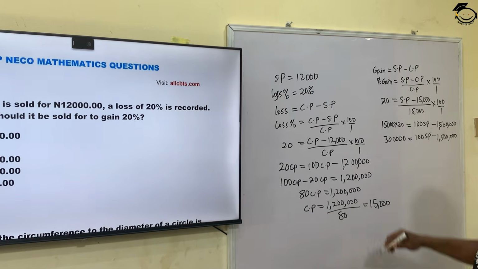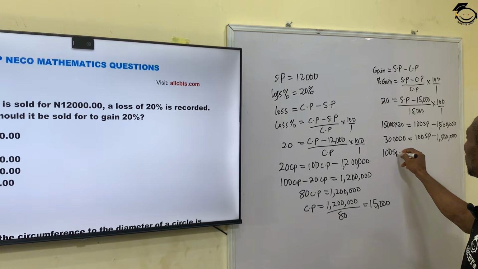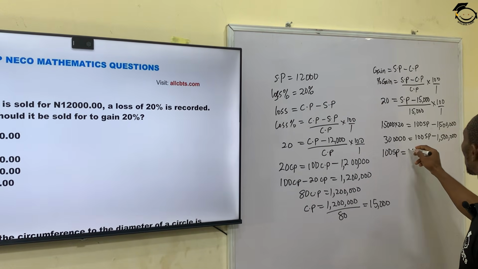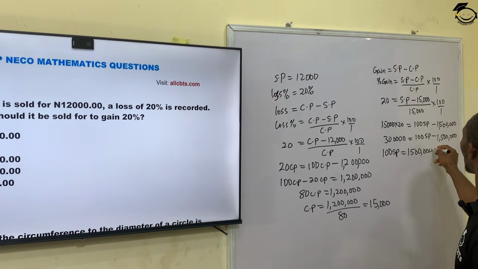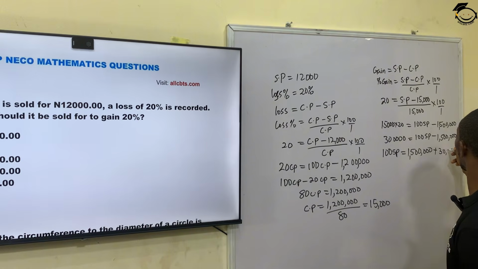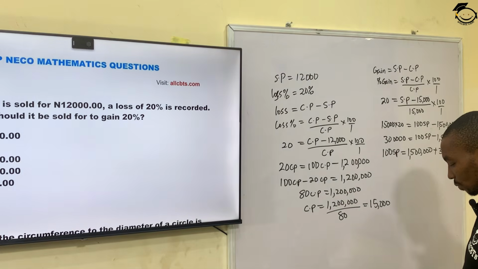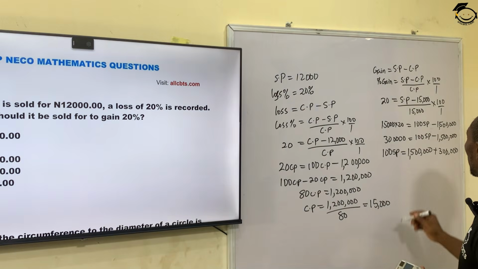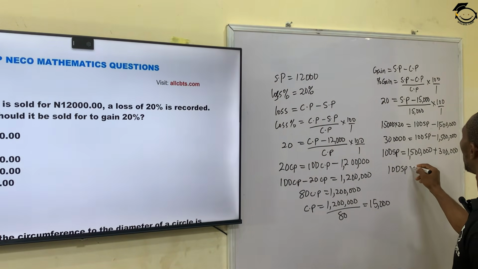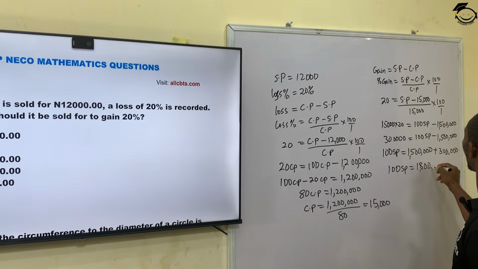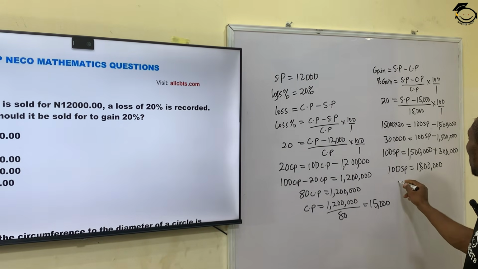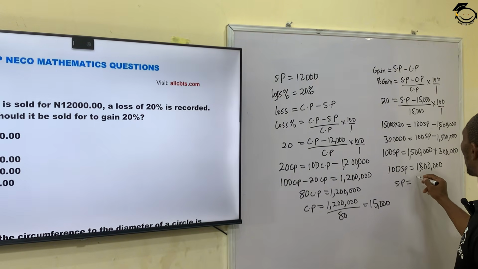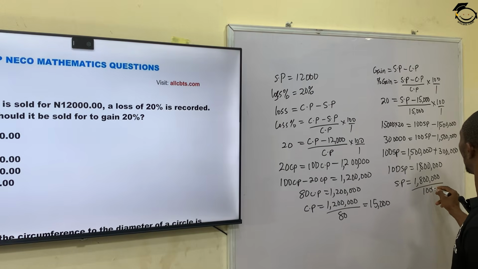Now, bringing our terms together, 100 of our selling price equals 15 million plus 3 million. So 15 million plus 3 million would give us 100 SP equals 18 million. So our selling price would be 18 million divided by 100.